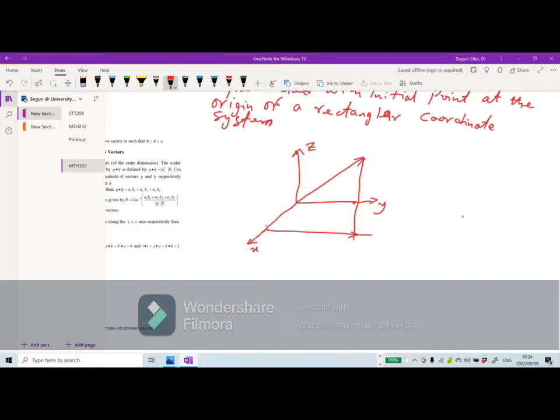At this point, we call this origin 0, and we call this A. Then we call this one A1I, here A2J, and here A3K. Are we together now? Yes, sir.